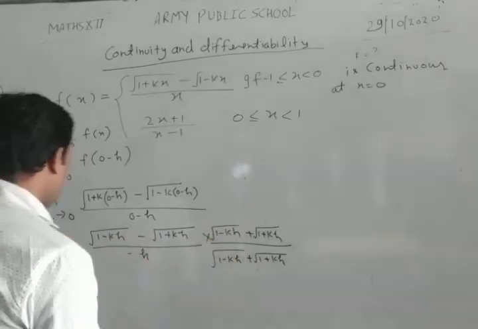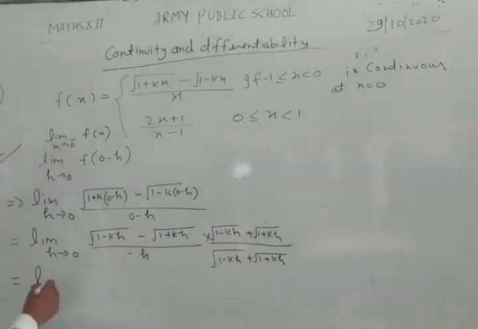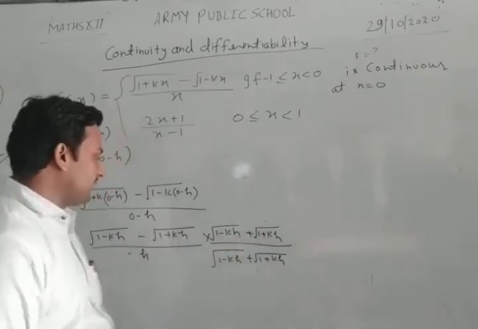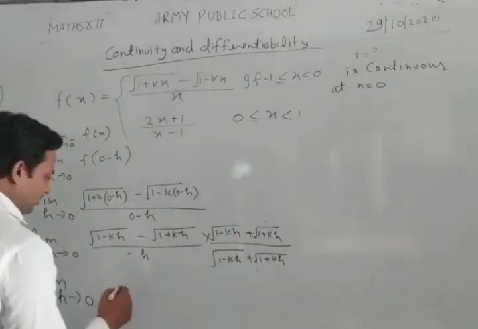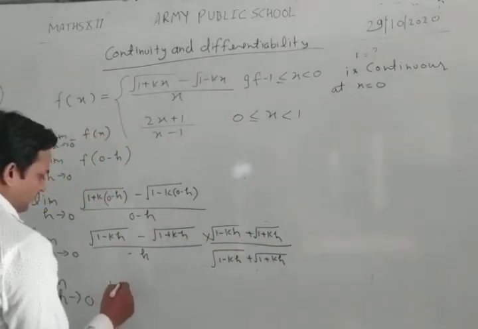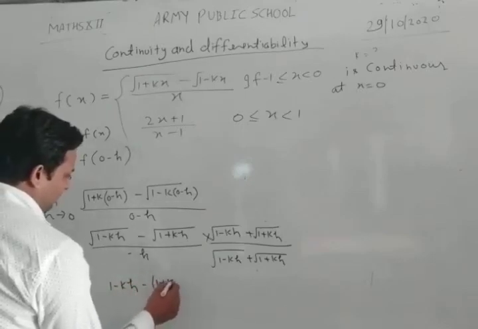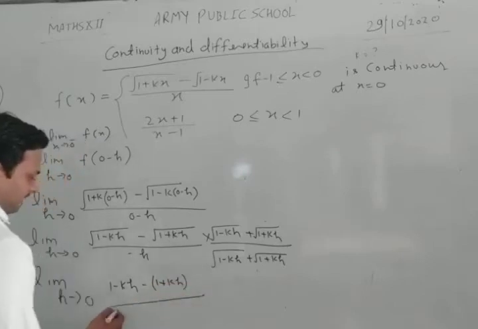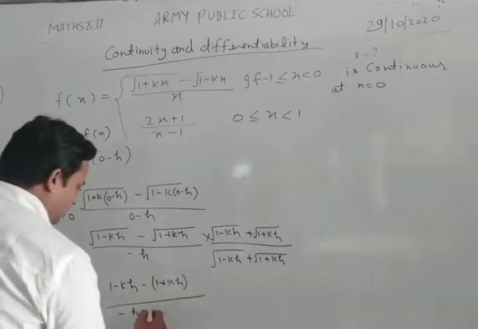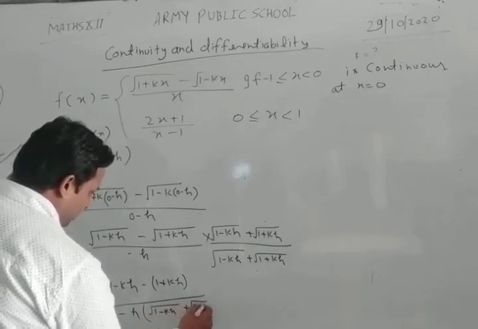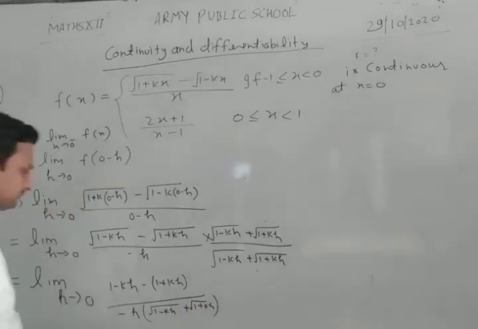Now limit h tends to 0. This is a minus b, this is a plus b, so we write a square minus b square. We get 1 minus kh minus 1 plus kh, divided by minus h, times under root 1 minus kh plus under root 1 plus kh.